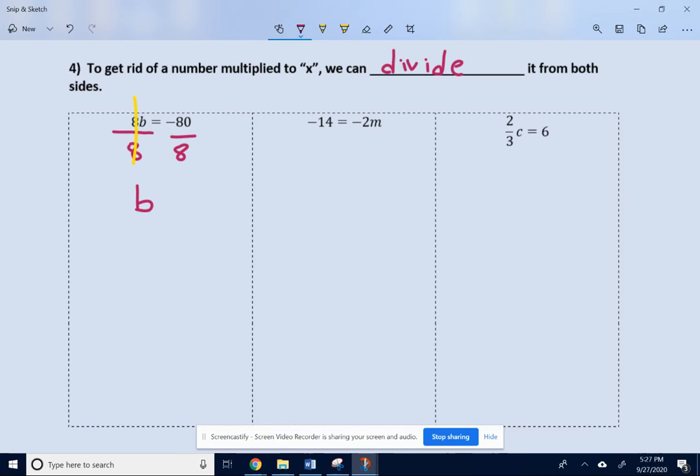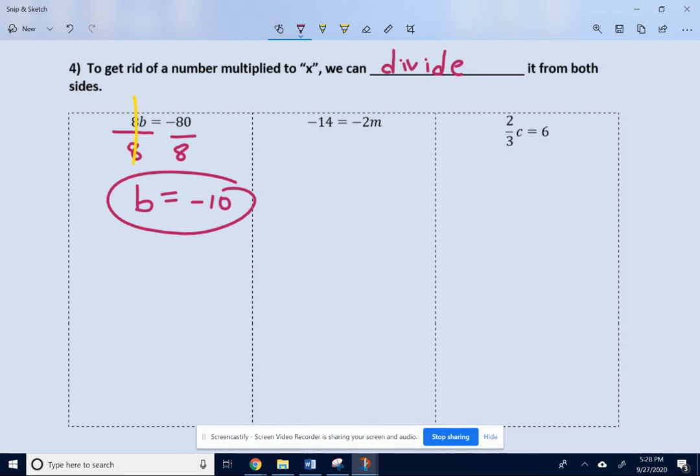Just know they go away. We're left with b. And on the right side, we have a negative 80 divided by a positive 8. The signs are different. When you divide two numbers and the signs are different, it's a negative answer. So that would be negative 10. So b has to be negative 10.